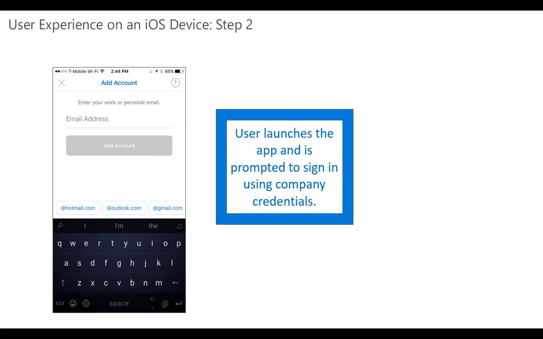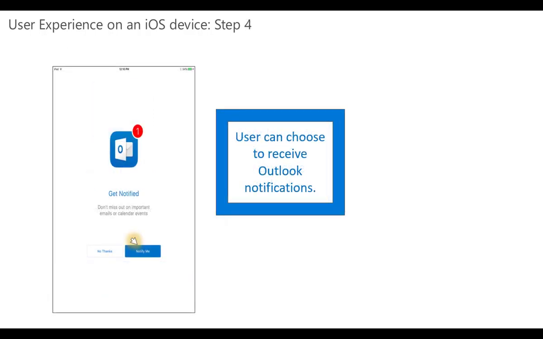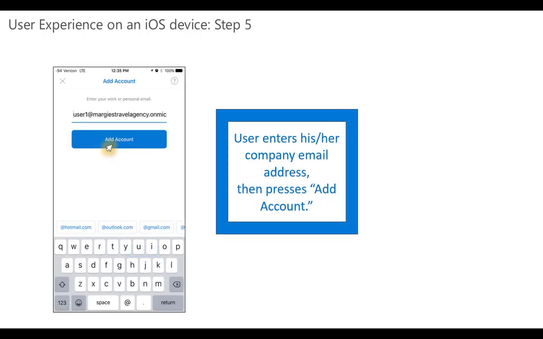And then what will happen is when they go in and add their corporate account, so their Office 365 Azure AD account, they're going to basically be prompted to go through a bit of a sign-up process here. So again, in the case of Outlook on iOS, it's going to ask us to get started. Again, we need to determine whether we want to get notified, and enter the corporate email address that you've set up in Microsoft 365.